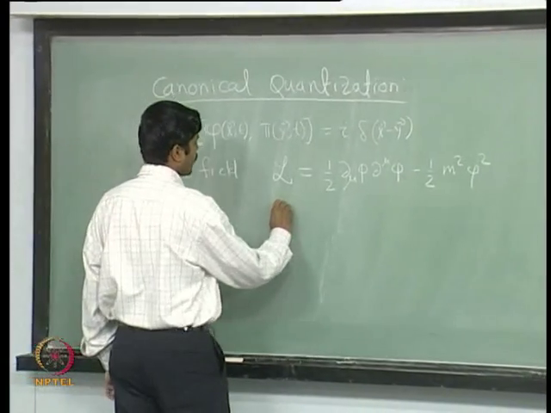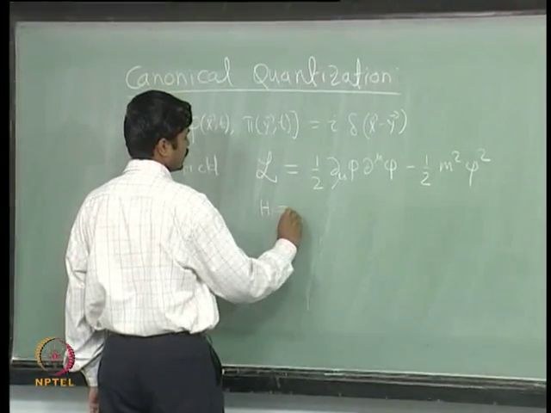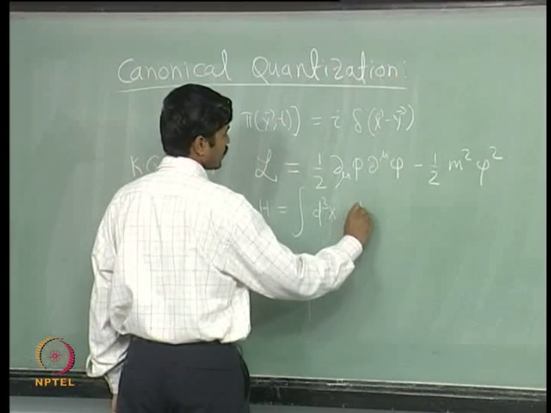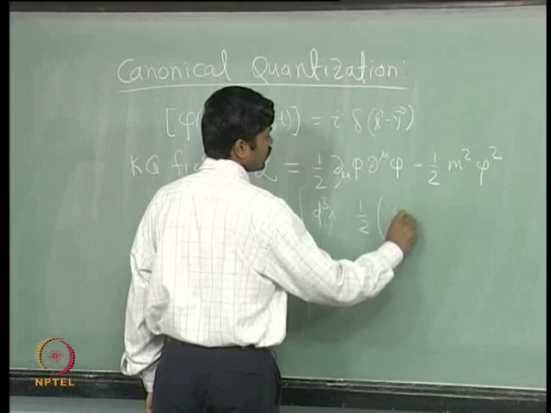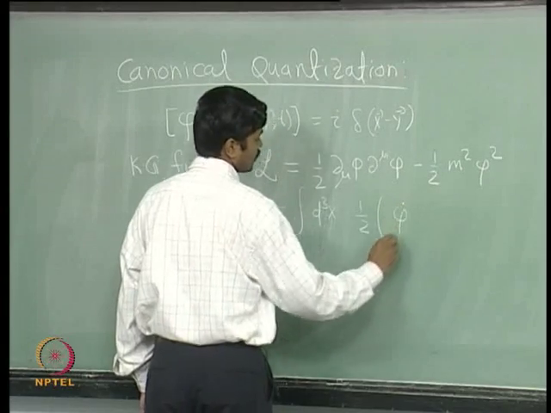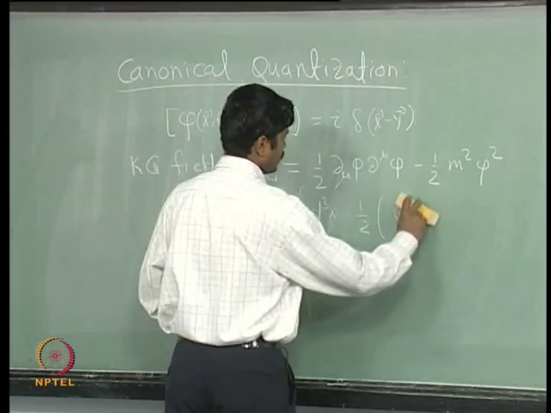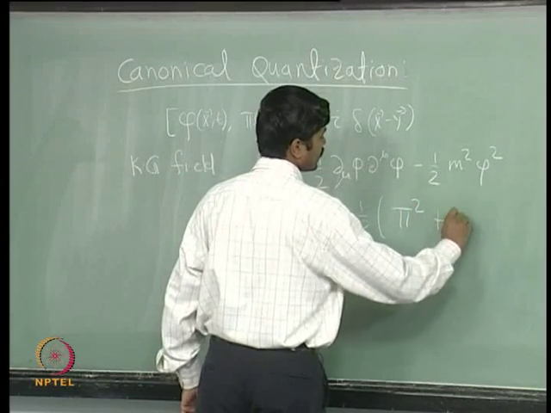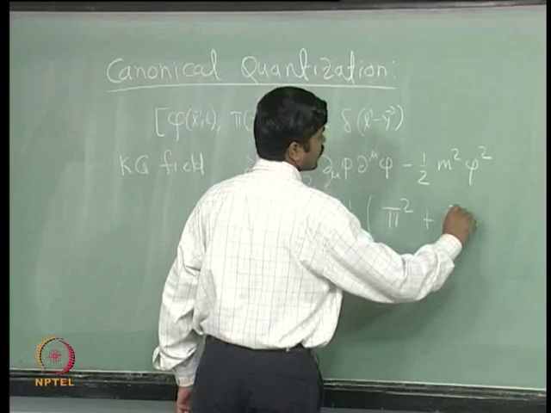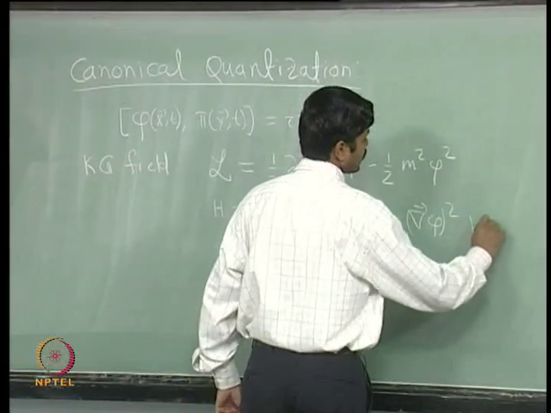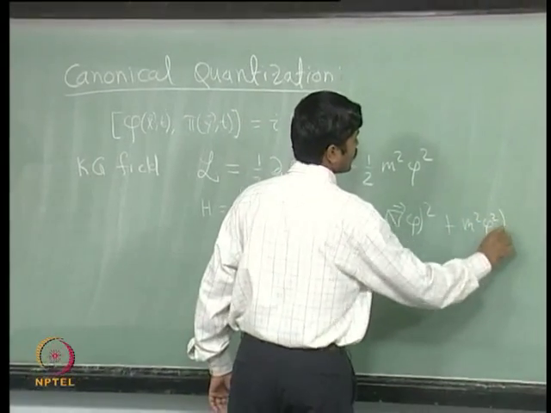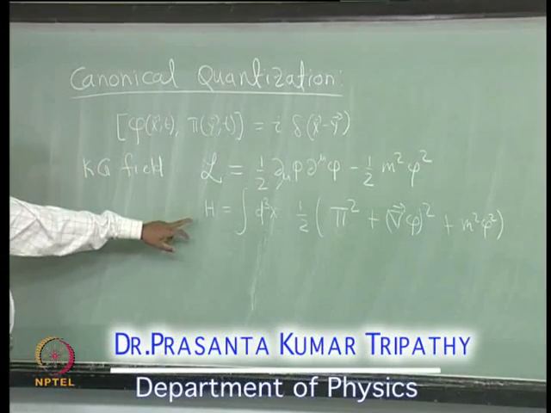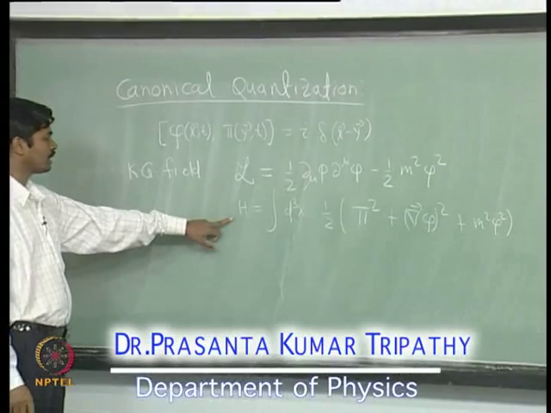We have seen that the Hamiltonian is the integral d cubed x of half [pi squared plus (grad phi) squared plus m squared phi squared], and we need to find the spectrum for this Hamiltonian.